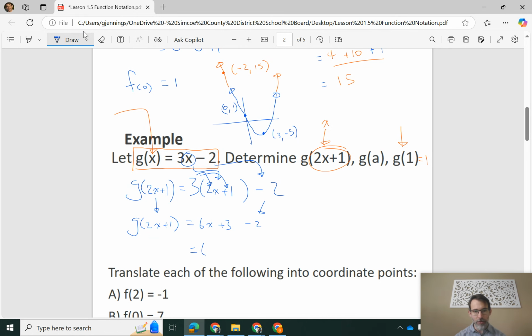So that's equal to 6x plus 1. That's the new function g at 2x plus 1. That's how we do these things. You just put in for x what the instructions say to put in for x, even if it's itself another function. That way you've got functions within your functions, bro or madam.